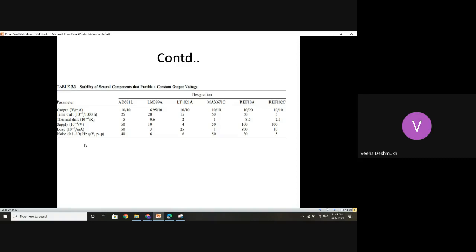But the noise which occurs due to the frequency variations, especially in AC, where the coupling capacitors or other drift capacitors are in the circuit, there the noise has to be suppressed using some suppressors.